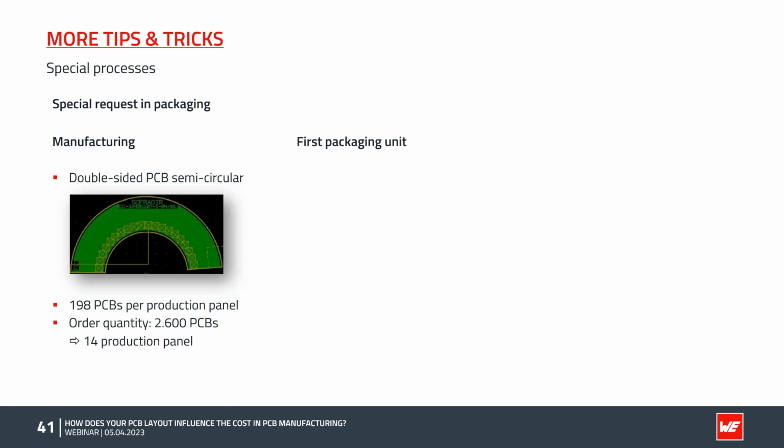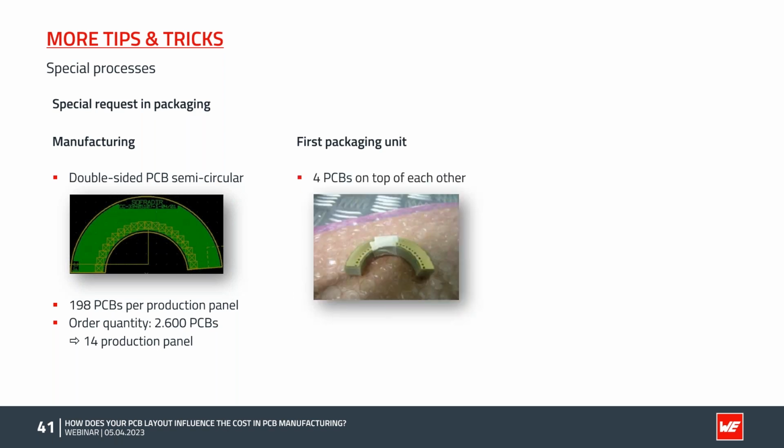Now comes the interesting part. Our customer asked us to please stack 4 PCBs on top of each other and use a specific adhesive tape to fix those 4 PCBs together. So this is a hand process. It's a specific adhesive stripe, a specific adhesive. So this already takes quite some time. But then comes the second packaging unit.